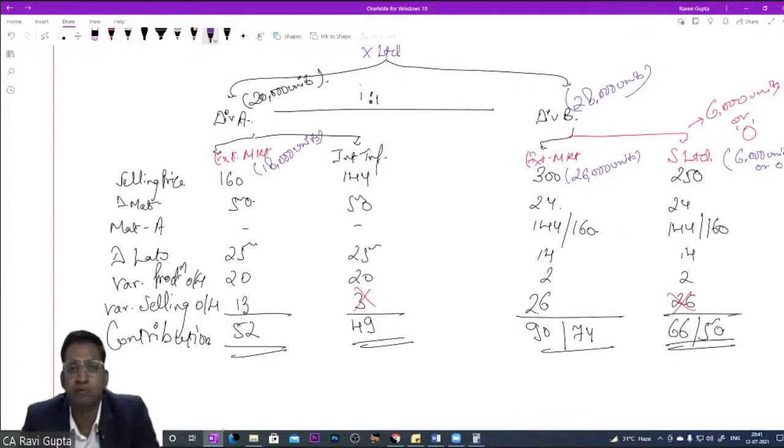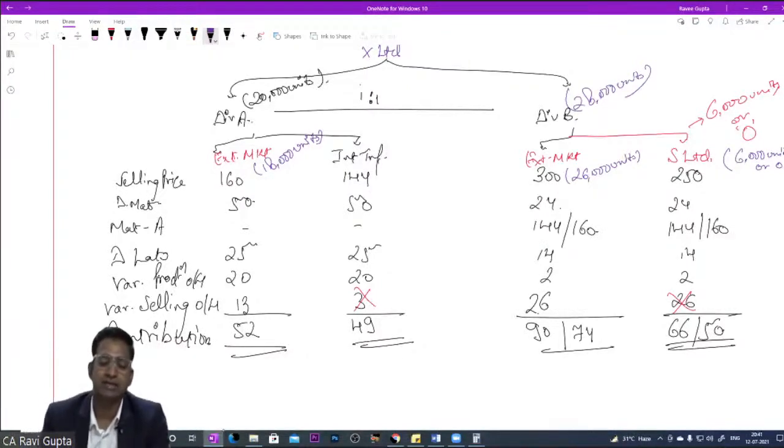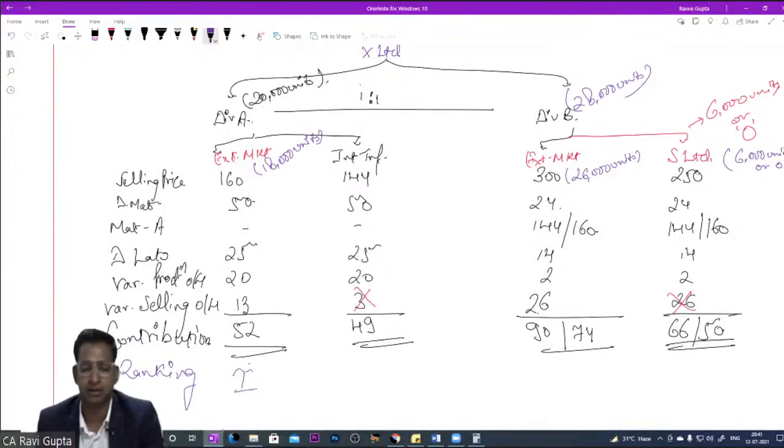Now how will we decide how many units will be internally transferred, or how many units we will sell externally? How can we decide whether to do external sales first and then internal transfer, or first internal transfer and then external sales? Through contribution per unit. So according to the ranking, the first ranking is to the external market, and this one is second.